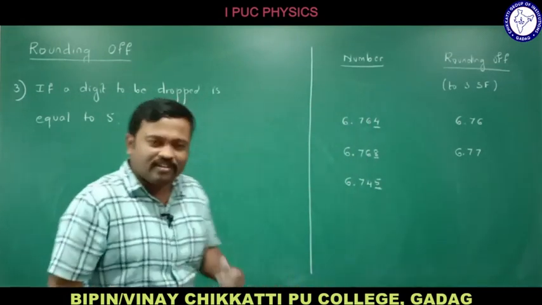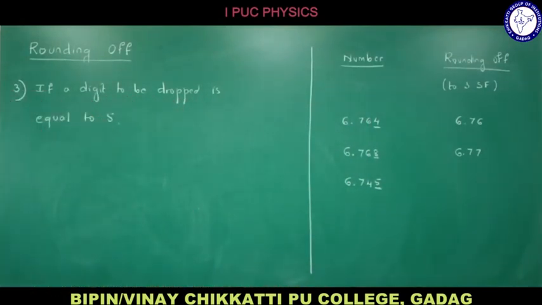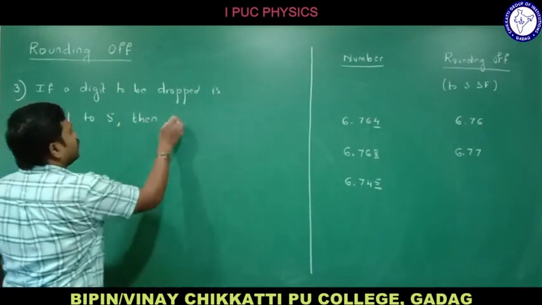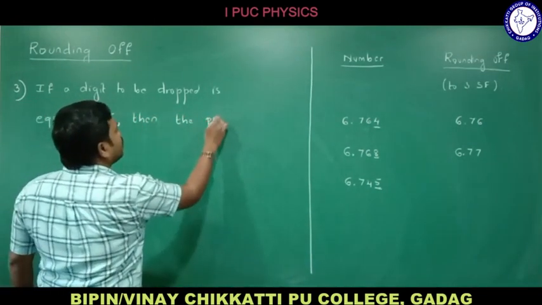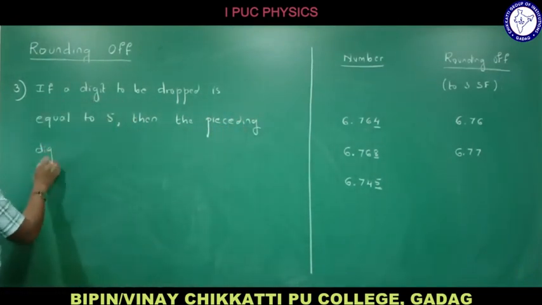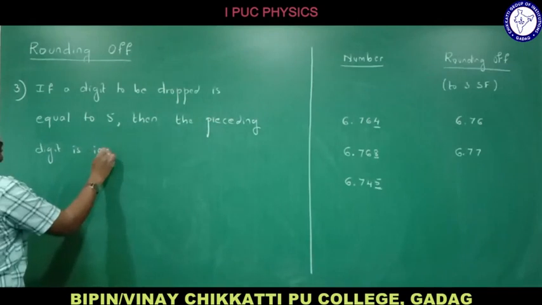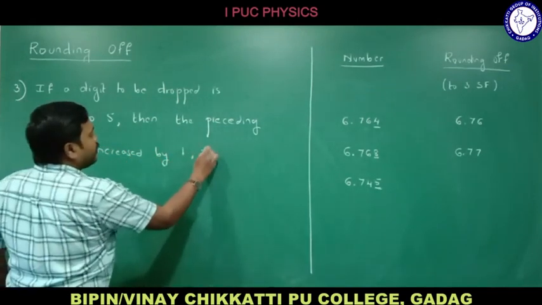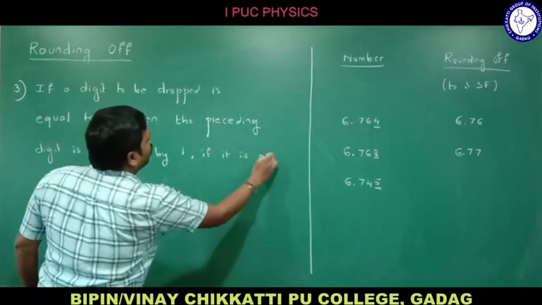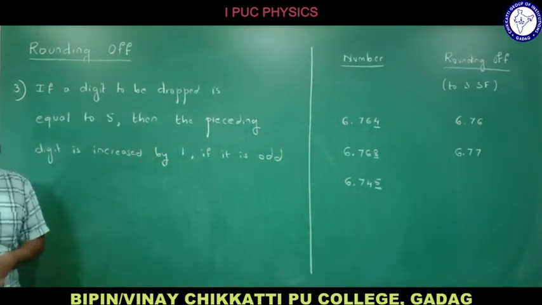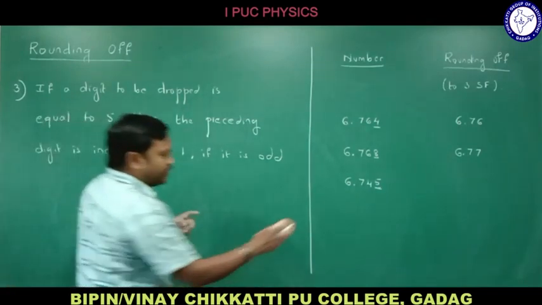Then what is the rule? Let us check it out. If a digit to be dropped is equal to 5, then the preceding digit is increased by 1 if it is odd. Okay, this is not the case here.